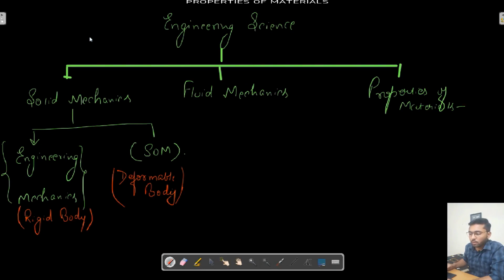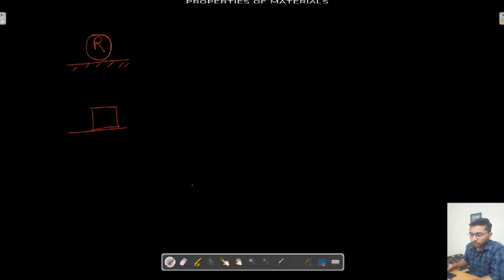Let us see a slight difference, how a rigid body differs from a deformable body. Suppose this is a rigid body, and let us suppose this is a deformable body.